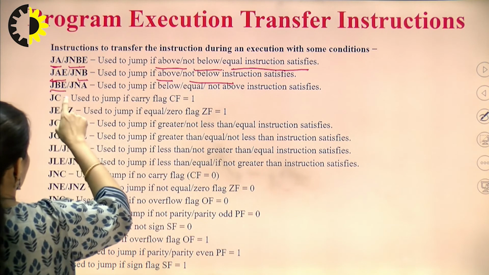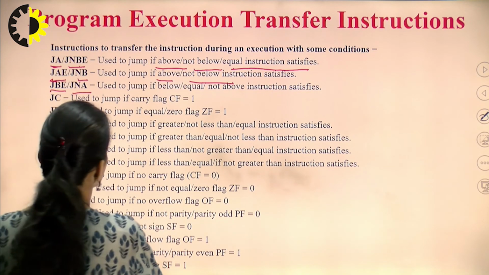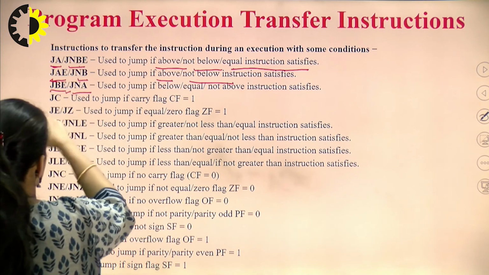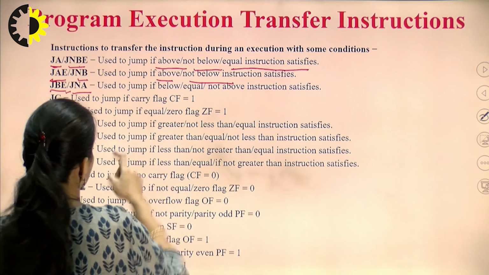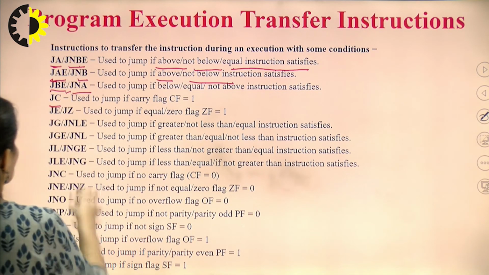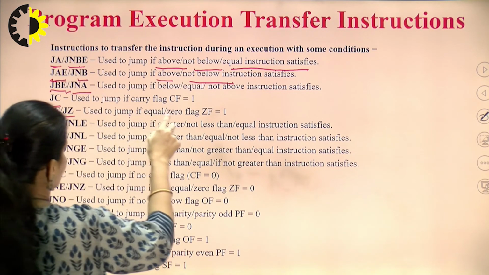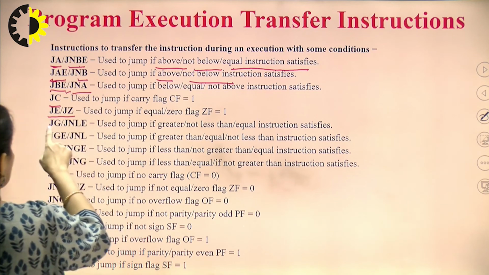JB is jump if below, and JBE is jump if below or equal, and JNA is jump if not above. JC means jump if carry. JE or JZ means jump if equal or jump if zero flag is set.